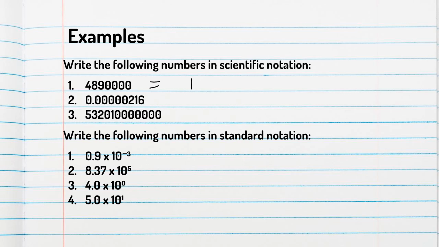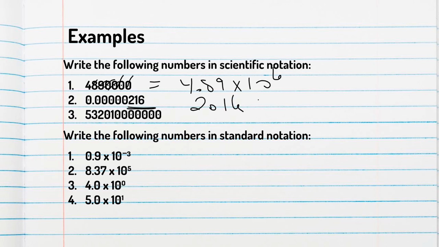So 4.089 times 10. Now I count: 1, 2, 3, 4, 5, 6, times 10 to the 6. This number here, these are my significant figures. I've got 4.